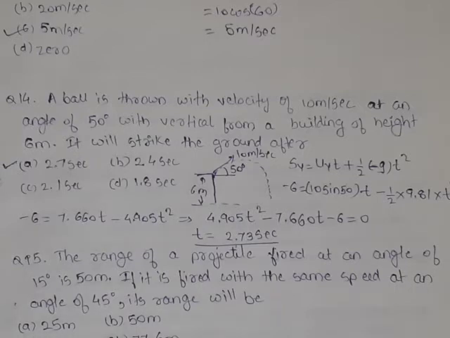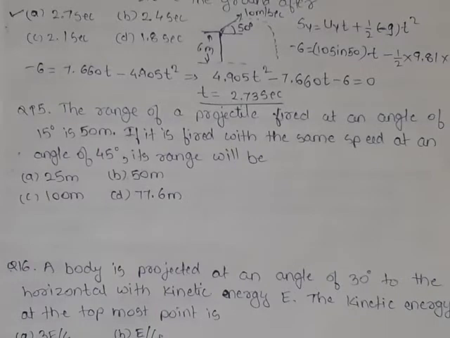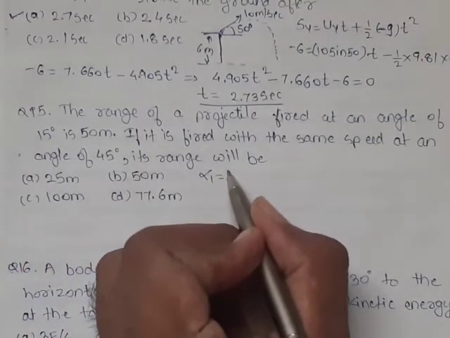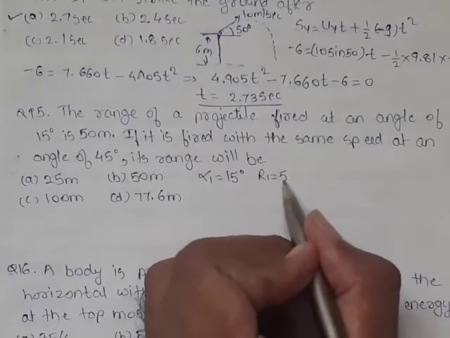Next is question 15. The range of a projectile fired at an angle of 15 degrees is 50 meters. If it is fired with the same speed at an angle of 45 degrees, its range will be. Initially, when alpha 1, the angle of projection, was 15 degrees, the range was 50 meters.